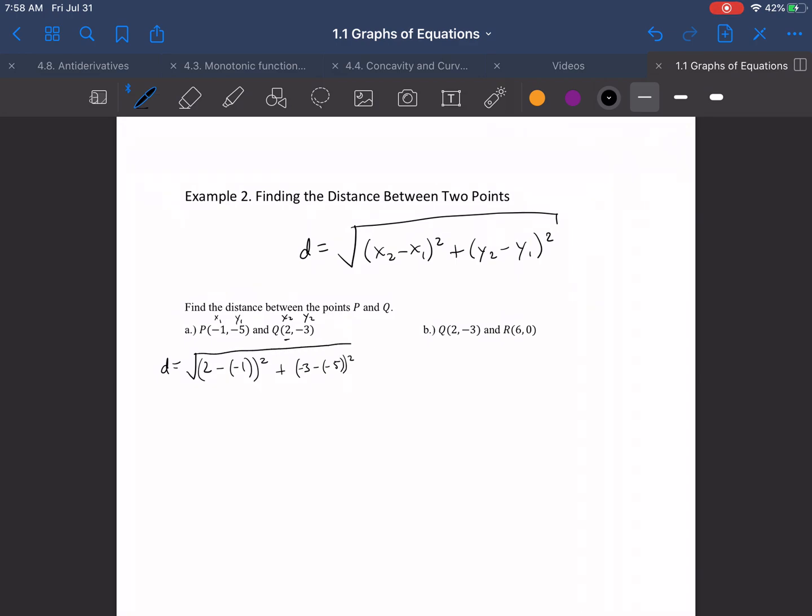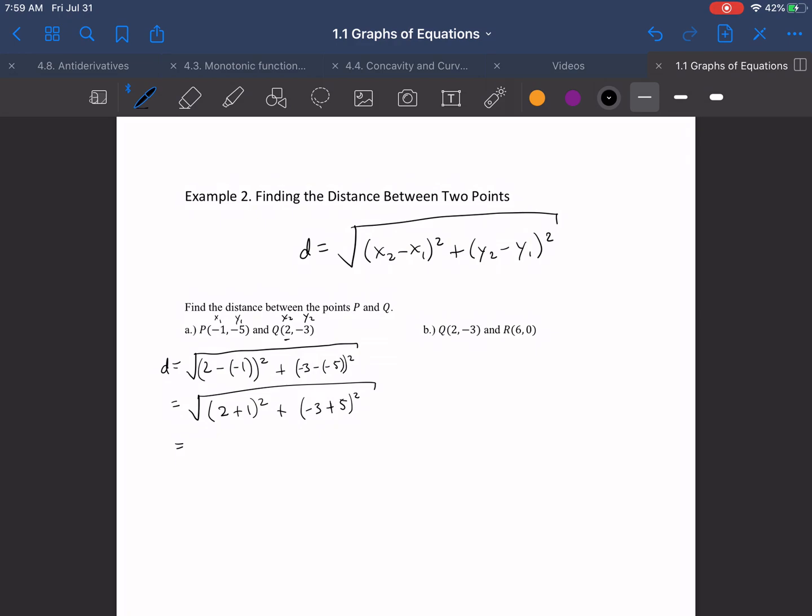You have to be really careful and meticulous with your negative signs, and we end up with 2 minus negative 1 becomes 2 plus 1 squared, plus negative 3 minus negative 5 becomes plus 5 squared.